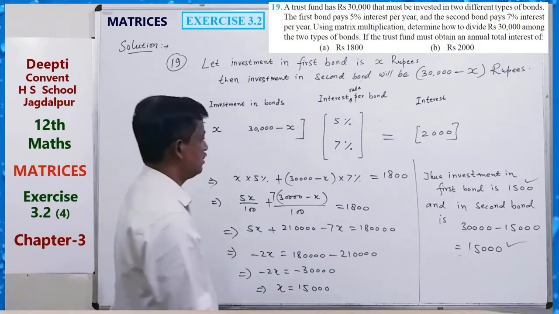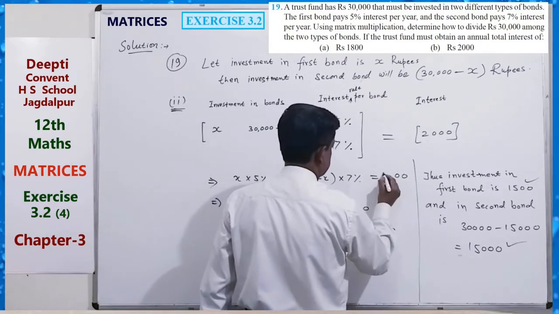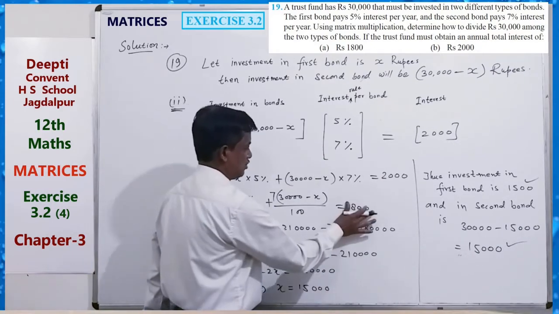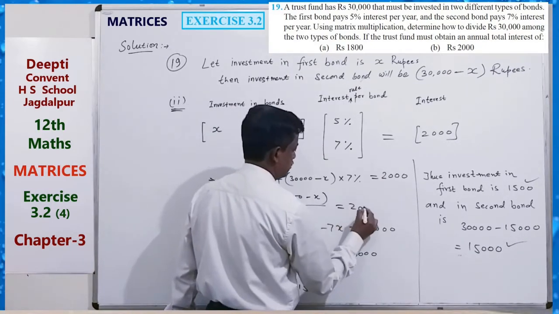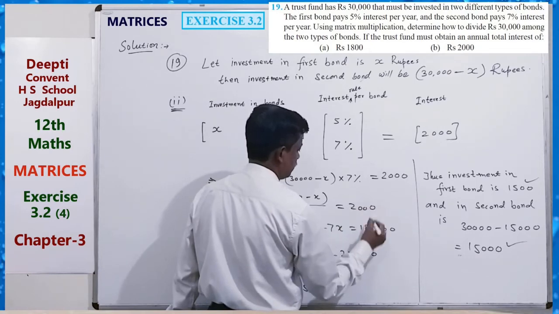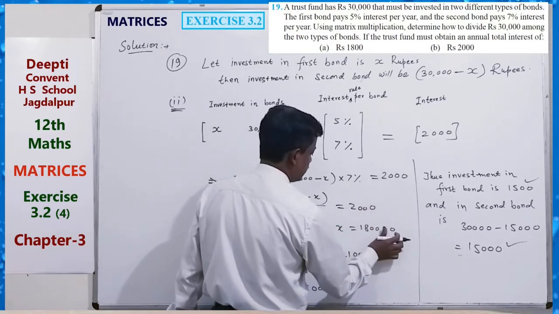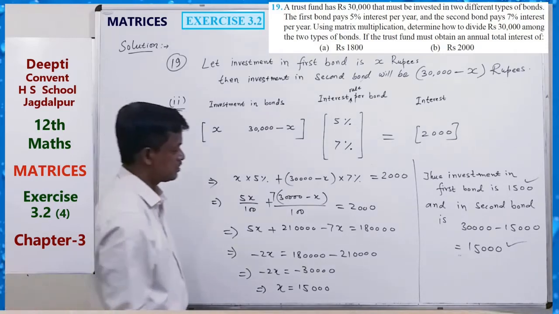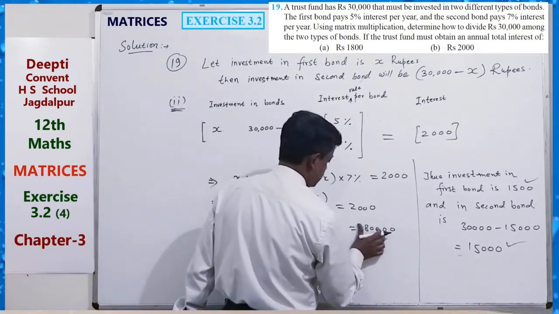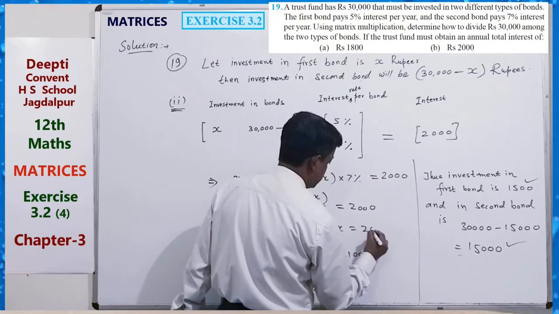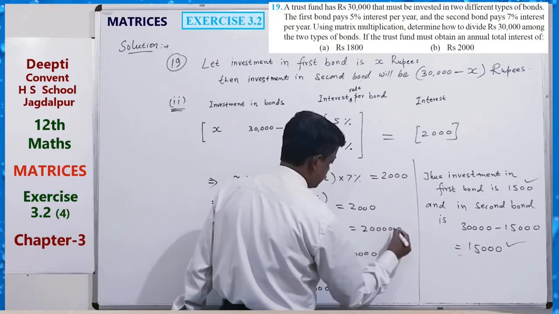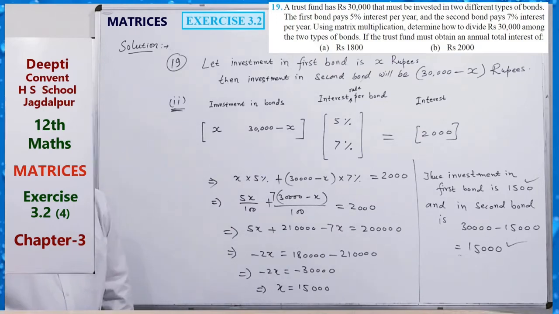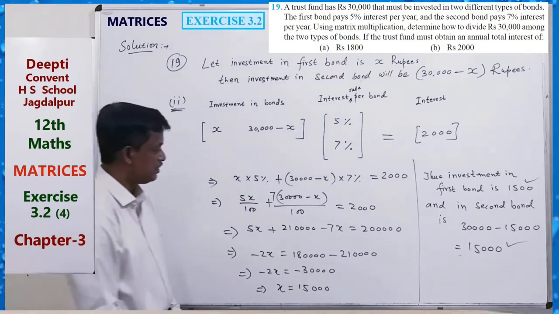You can calculate it just like this, with 2000 on the right side, and solve it.